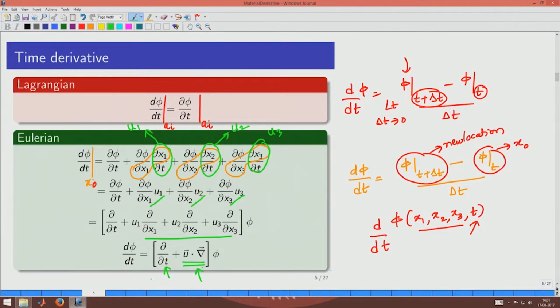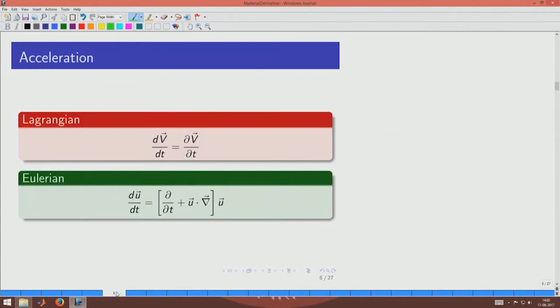So, this is how the Lagrangian specification and Eulerian specification make a big difference when you are looking at the differential with respect to time, and if phi happens to be the velocity, then we are talking about acceleration. So, how would the acceleration look differently? You could see that the way acceleration is defined is different in the Lagrangian and Eulerian schemes.